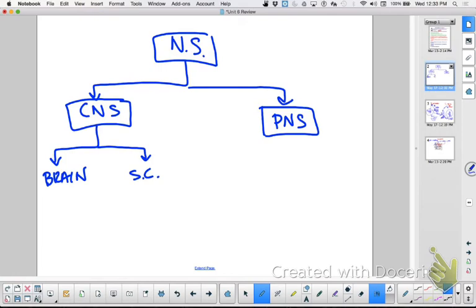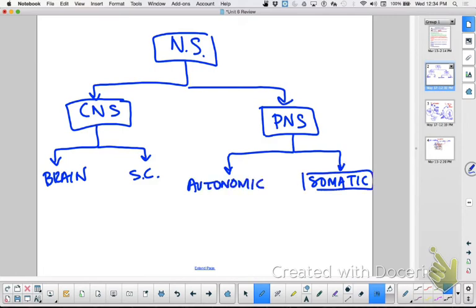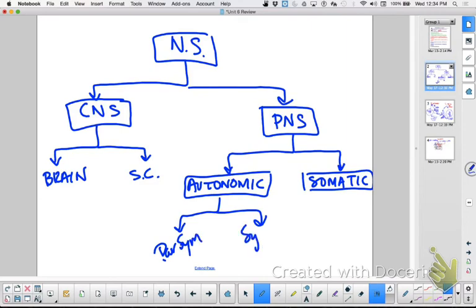And then your peripheral nervous system is broken down into your somatic and autonomic. And your autonomic is broken down into your parasympathetic and your sympathetic. Does that at all look familiar?